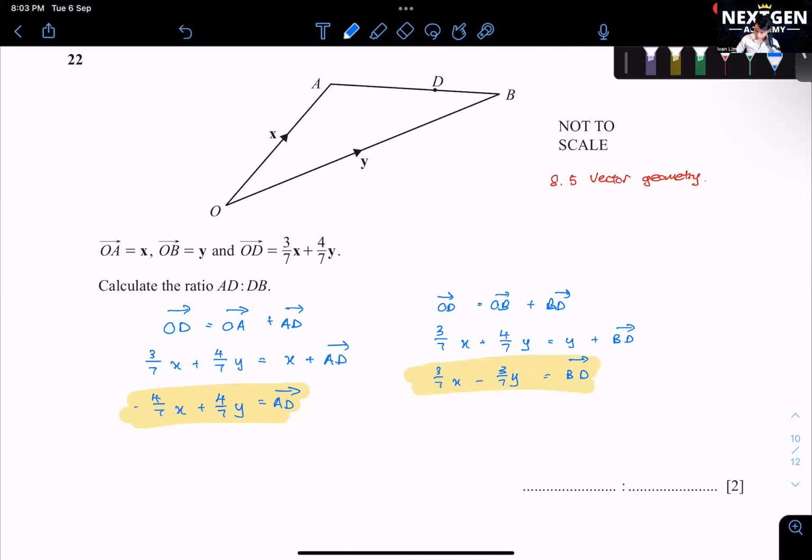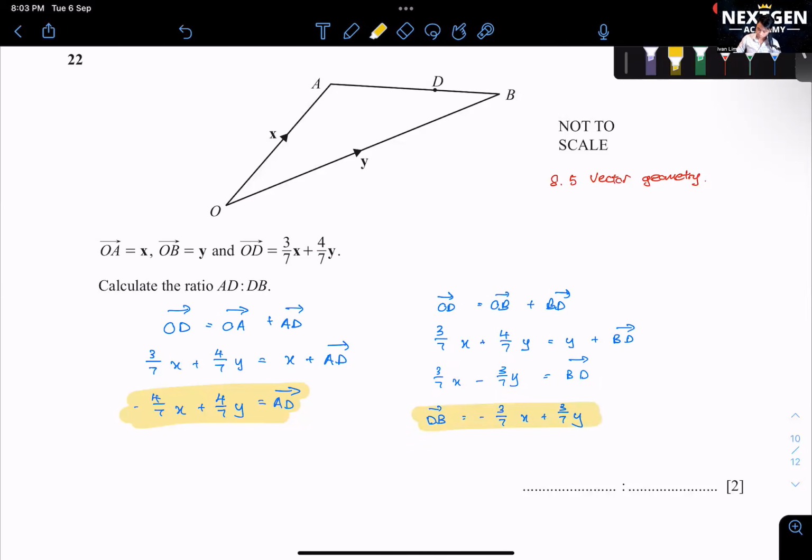Okay, so BD is actually you need to, DB, DB you need to switch the symbol. So this one will be negative 3/7x plus 3/7y. Okay, actually this is the one that we want. Okay, this part here is the one that we want.